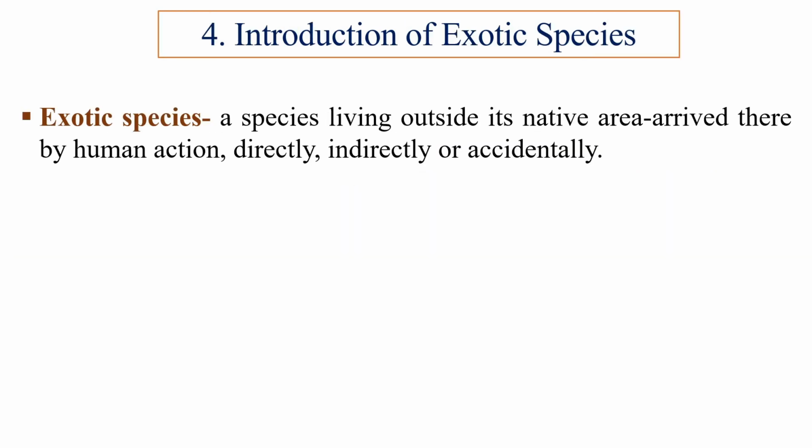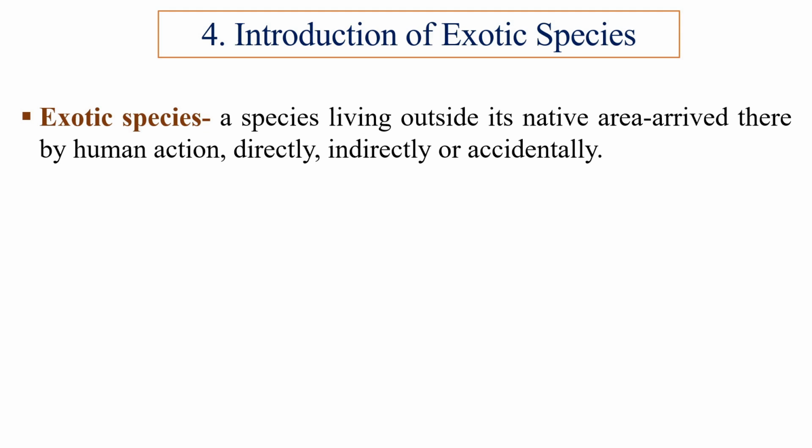Another threat to biodiversity is introduction of exotic species. An exotic species is a species living outside its native area but which has arrived there by human action directly or accidentally. It is also called a foreign species, introduced species, or non-native species.